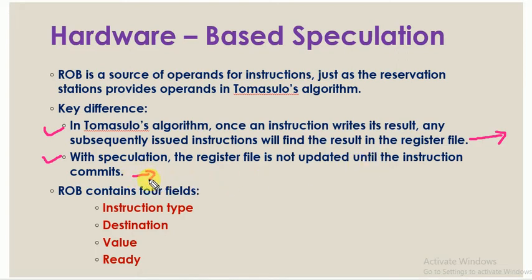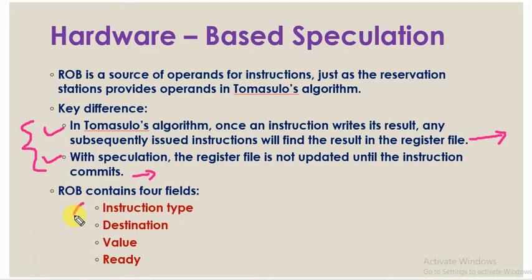So normally in the Tomasulo approach, every instruction can refer to the register file for getting the current updated data. But in the case of speculation, the register file is not updated until the final commit happens. So that is a major difference between the register file and the usage of ROB in the case of hardware-based speculation.